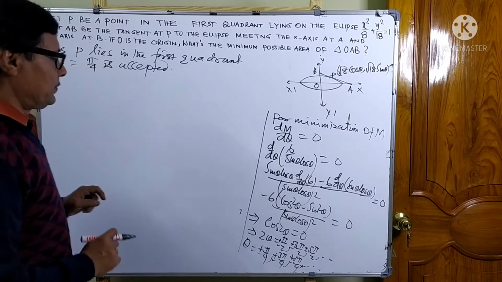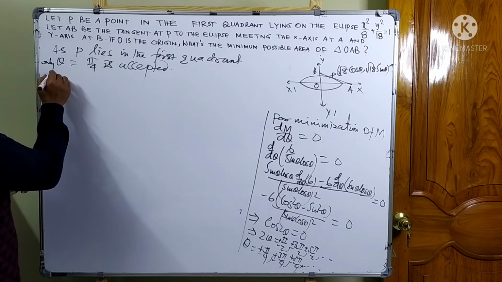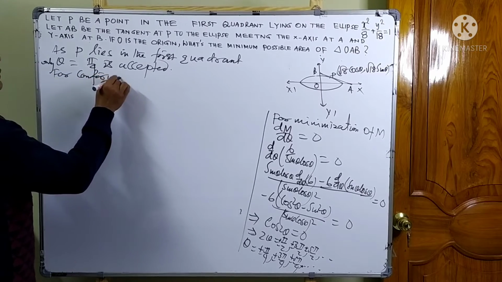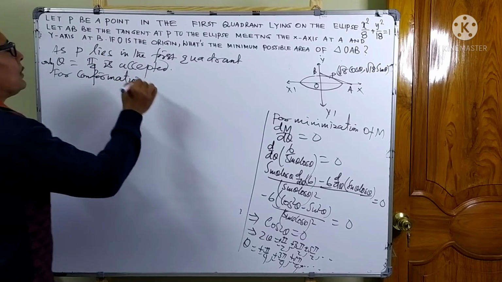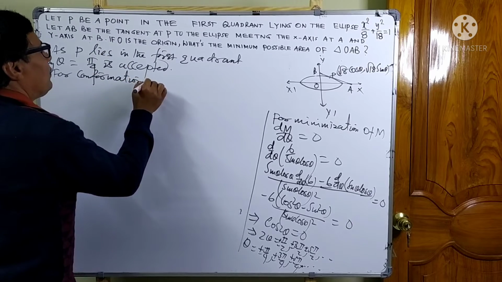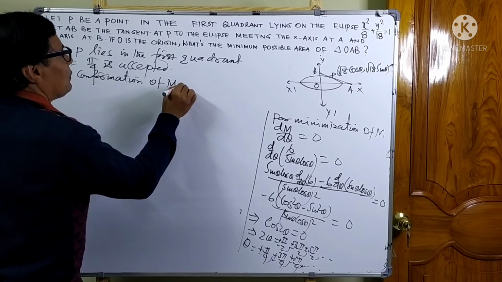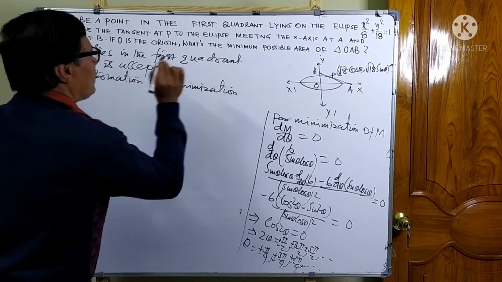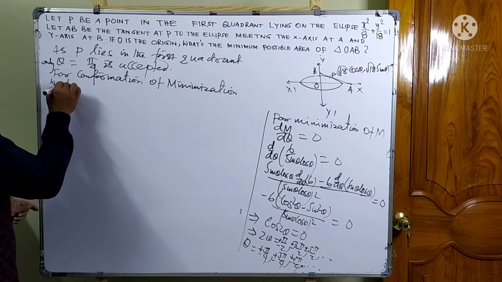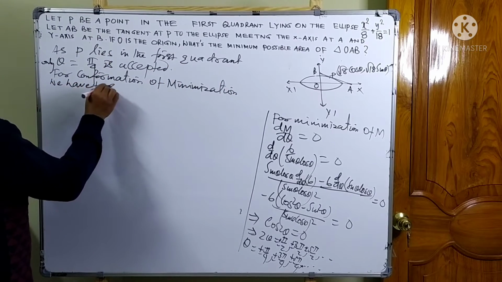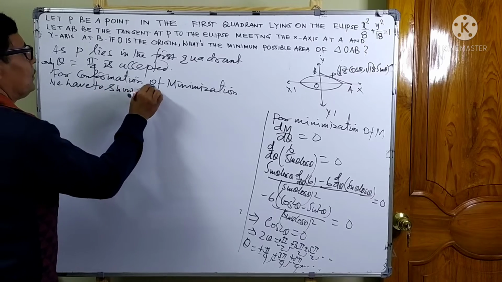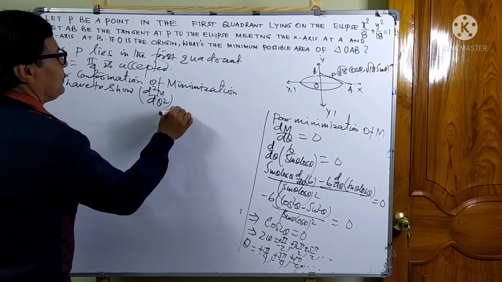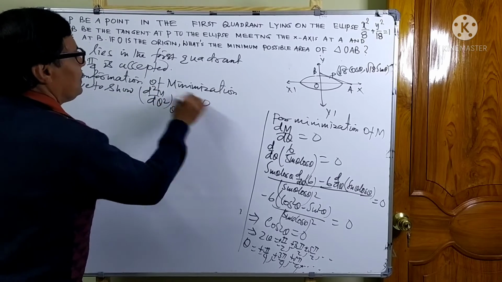We have to show d2M d theta 2 at theta equal to pi by 4 must be greater than 0.